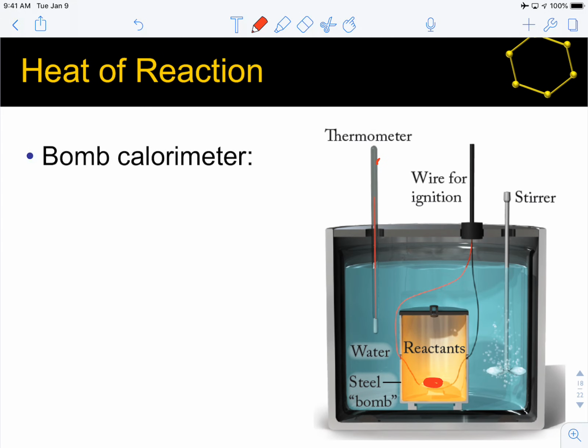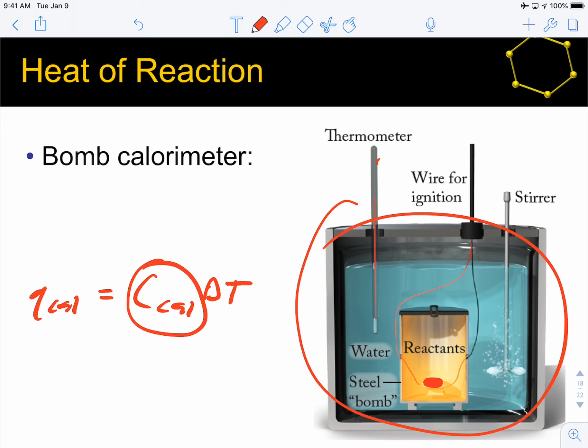And for this type of reaction, we're going to use a different type of equation that I'll introduce in class. And what we'll realize is that in calorimetry, Q for a calorimeter is equal to the calorimeter's heat capacity, if you will, times delta T. There is no m here because this is the Q for the entire system, that includes every component of the system, the water and everything.